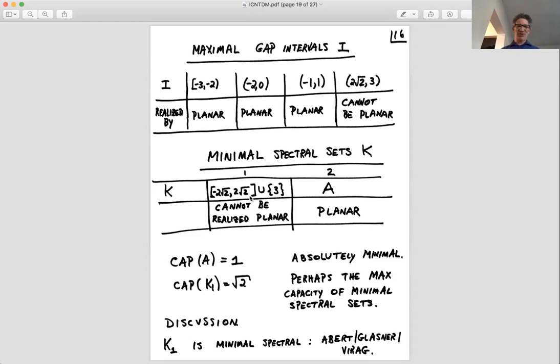But much more, what's very interesting here is Hebert, Glasner, and Virag. Hebert was part of that 7 samurai team. They have proved the converse: if you have a sequence of non-bipartite Ramanujan graphs, so they have all their spectrum contained in [-2√2, 2√2], of course, together with 3, then they must Benjamini-Schramm converge to the tree.